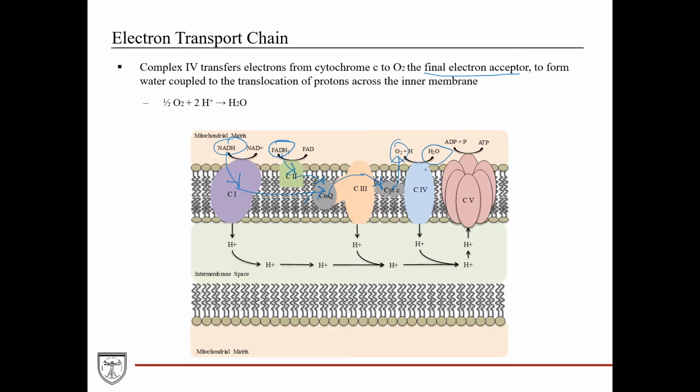In the process, this powers the translocation of protons across the inner membrane into the intermembrane space. Here's the reaction: half an O2 plus 2H+ gives you H2O. All of these are contributing to creating this significant electrochemical gradient that's going to eventually power ATP synthase.